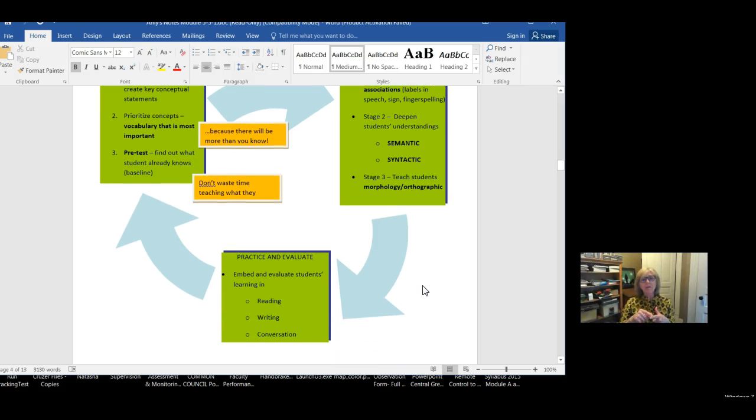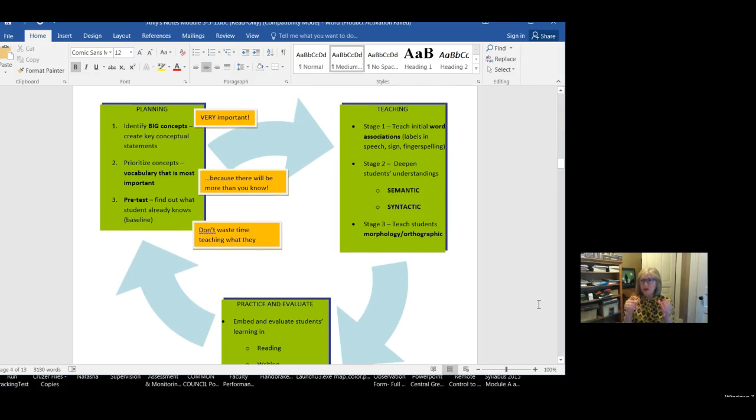And then the third in this cycle is where you practice in reading and in writing and in conversation the use of the words. You've done explicit teaching in the teaching part, and then you want to practice using the word in meaningful contexts.